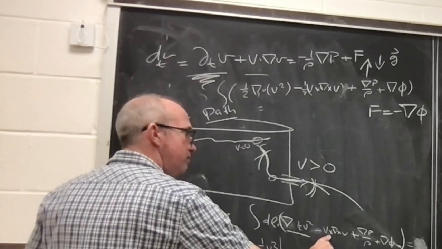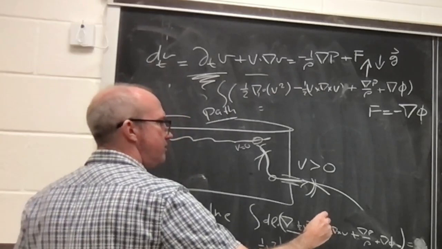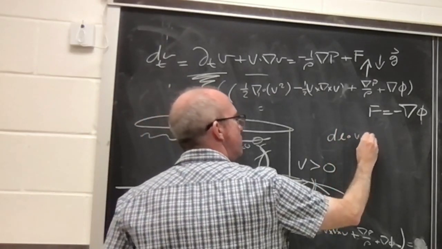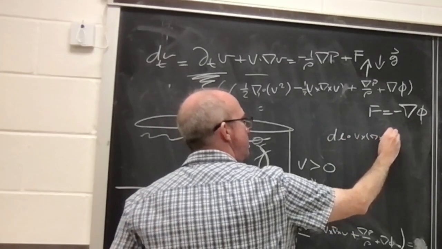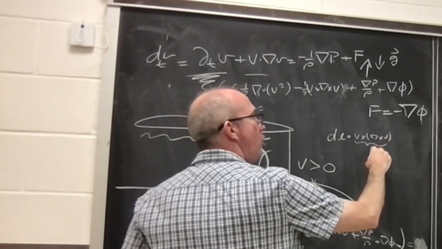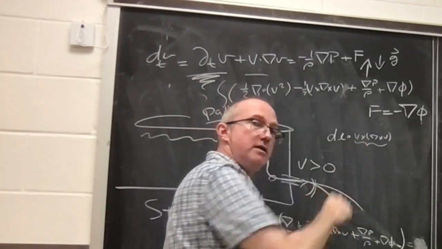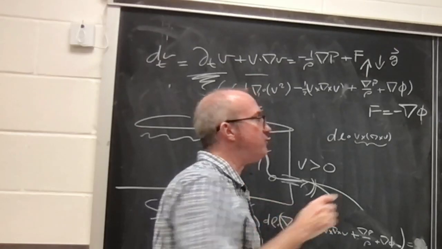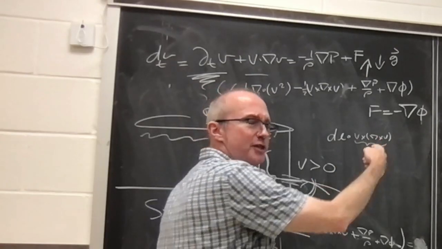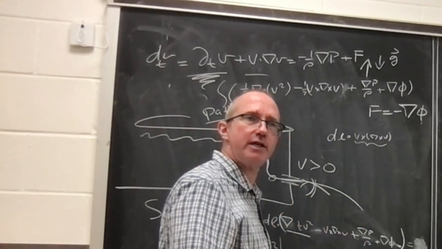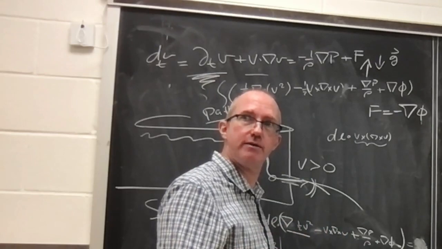This second term, let's talk about this second term. I have dl dot v cross del cross v. What can I say about the relationship between this whole thing and v? I got v cross something. It doesn't matter what it is, it's some other vector field. v cross some other vector field is perpendicular to v, right?